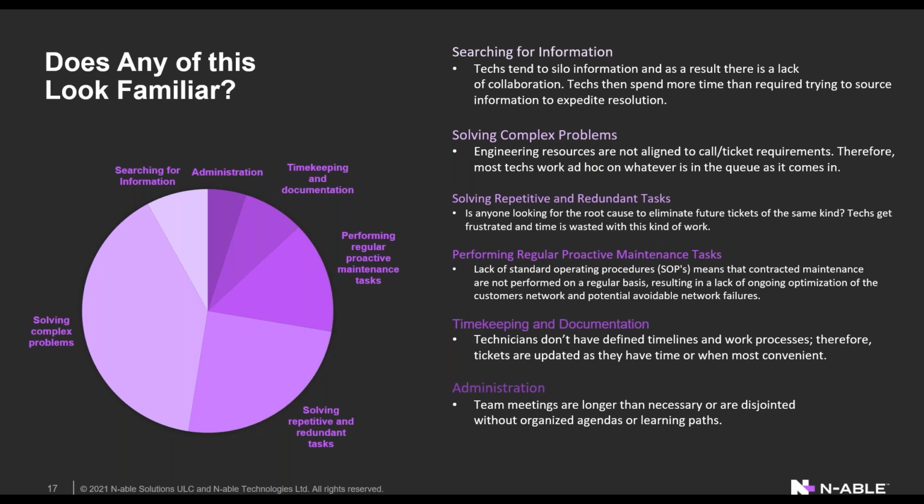So if we look at what that is, it's our project work. That is our tier 3 technicians, okay, having to get involved. All right. While these are typically not aligned with call or ticket requirements, okay, they happen sometimes. So this is our project work, right?